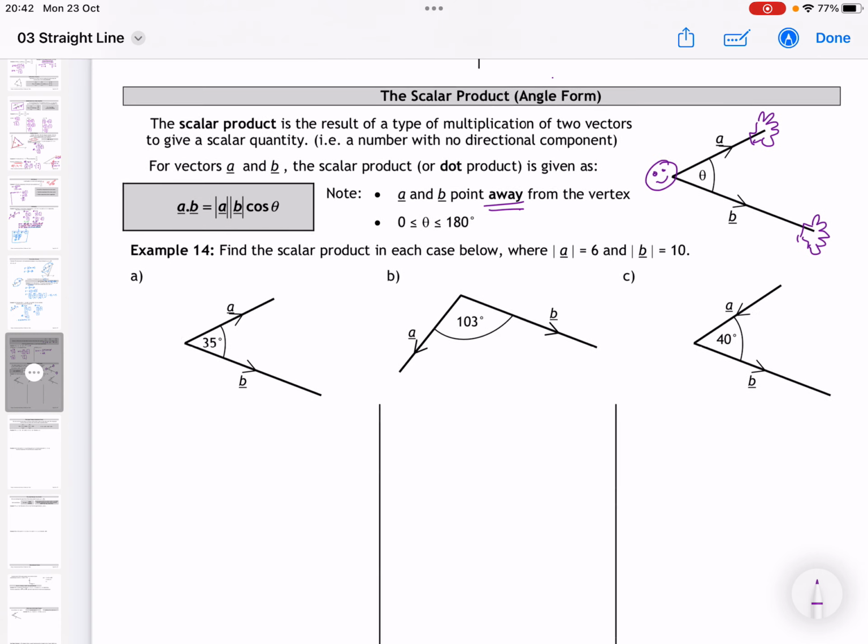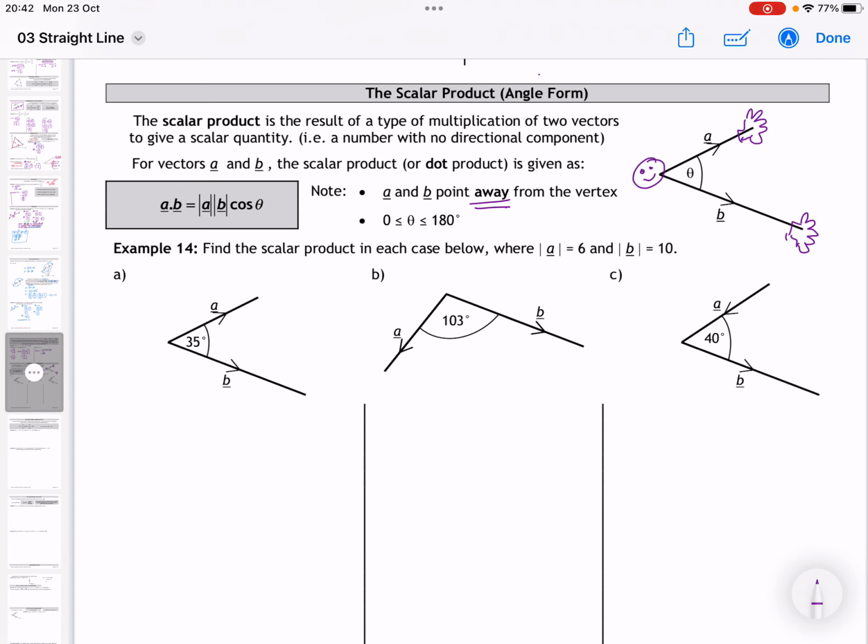Okay, so vectors must be pointing away. So are my hands down here? Yes, they are. Are my hands down here? Yes, they are. No, one hand's down here and one's up here. So I'm not pointing away. So we need to watch when we get to c. Okay? The wee bumps are hands. I'm now not trying to draw, because you'll just take the mickey out of me.